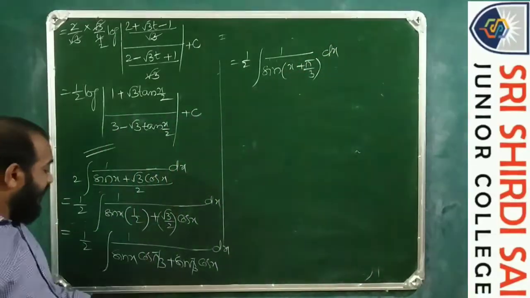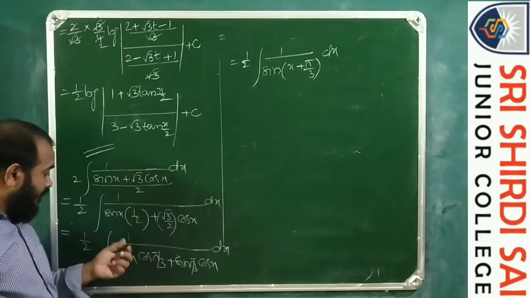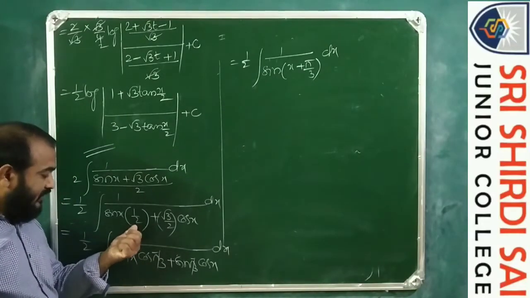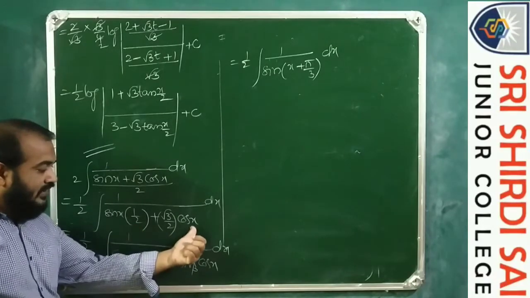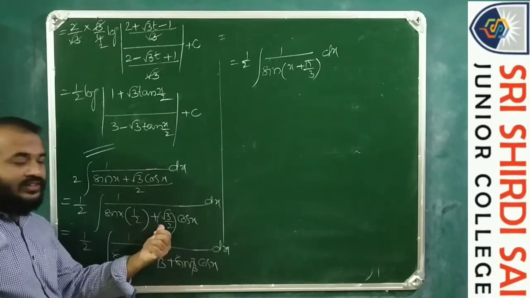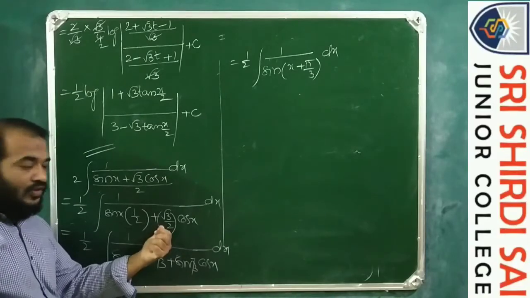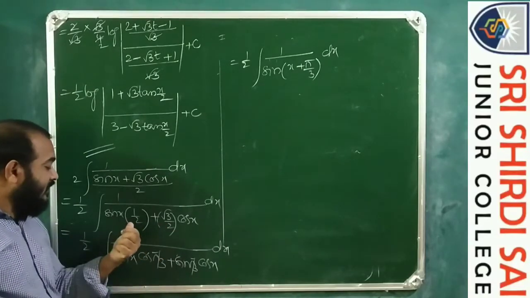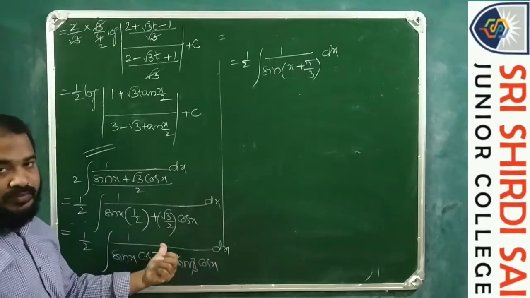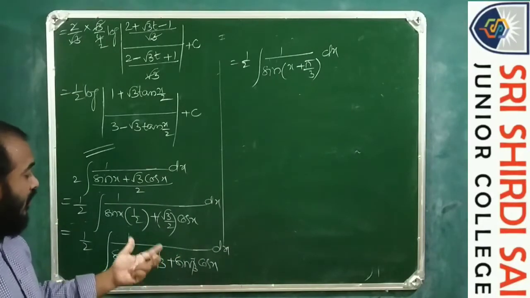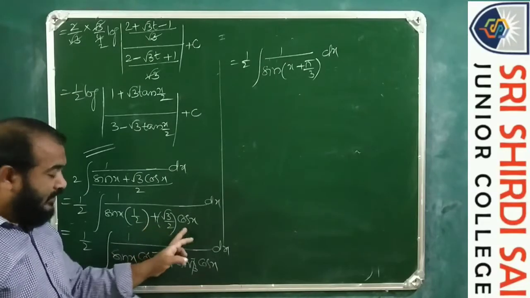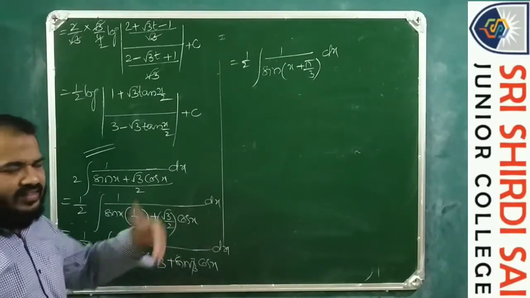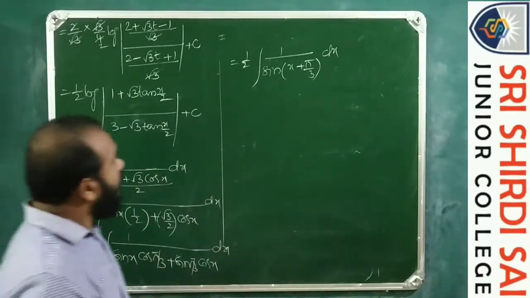Or you may even write it as sin x into sin 30, sin pi by 6, cos x into cos 30, cos pi by 6, sin A sin B plus cos A cos B is cos A minus B. So cos x minus pi by 3, or cos x minus pi by 6, or pi by 6 minus x, as you wish, no problem.